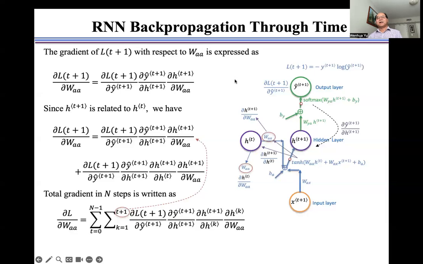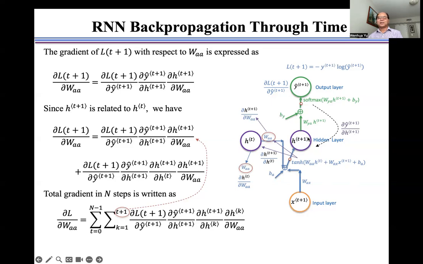Then let's see how we can calculate the gradient of the loss function with respect to this WAA. First, we calculate the gradient of error with respect to this y hat. And then, same thing, we use the chain rule. We calculate the gradient of this y hat with respect to h t+1.